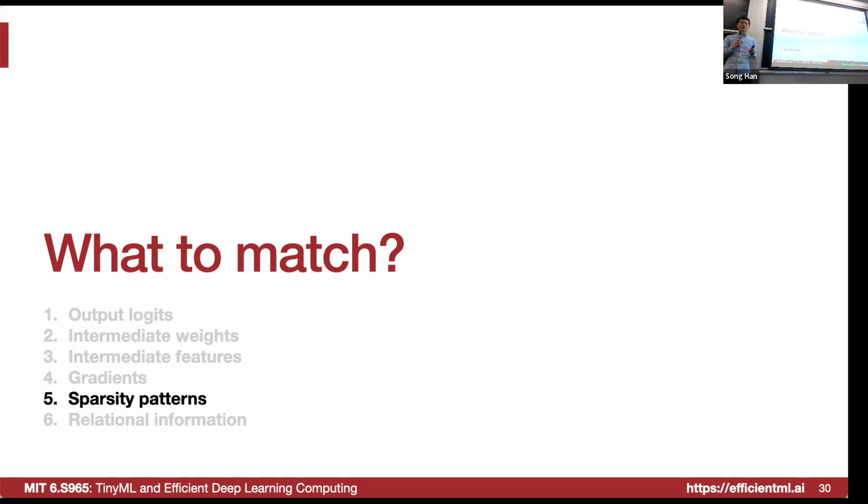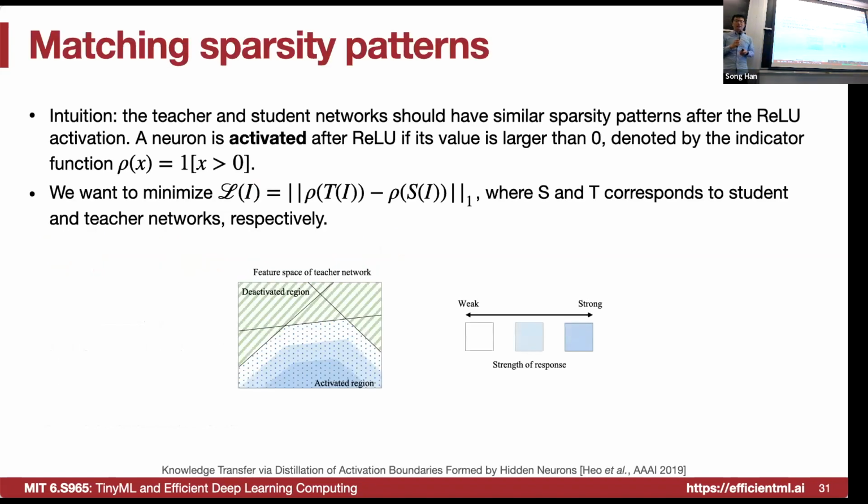We use this ReLU function. So what is the ReLU function? If the activation is greater than or equal to 0, then it is whatever it is. Otherwise, it becomes 0, and the neuron will be dead. So it naturally makes the output very sparse. Some of them are 0 after ReLU, some of them are non-zero.